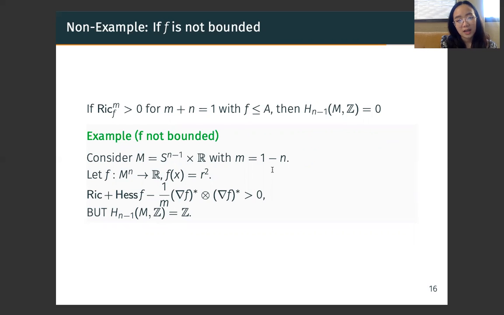So consider M equals the sphere of dimension n minus 1 cross R with m equals 1 minus n, and let f be a function from the manifold to the real numbers, and let f of x be r squared. Then Ricci f^m is positive, but the n minus 1 integer homology is Z and not 0. And we see in this case that f is clearly not bounded. So this shows that we do need this f bounded above assumption.